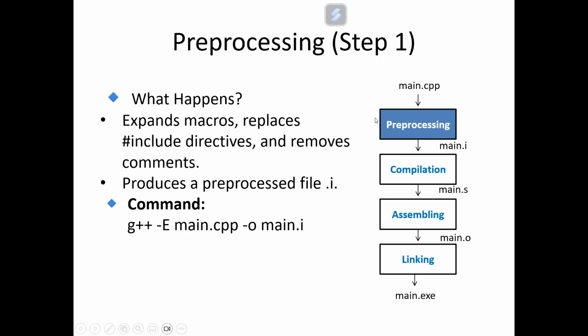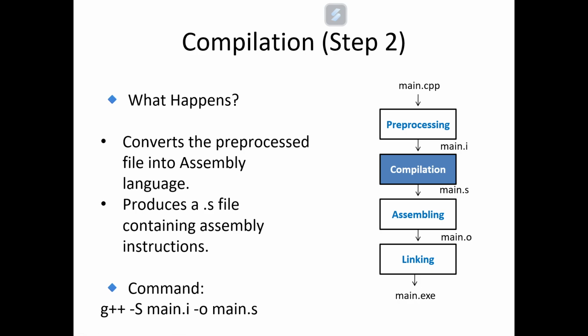So this picture also shows the same. It takes main.cpp as the input and produces main.i as the output. Now this high level code will be passed on to the compilation process. So this is step 2.